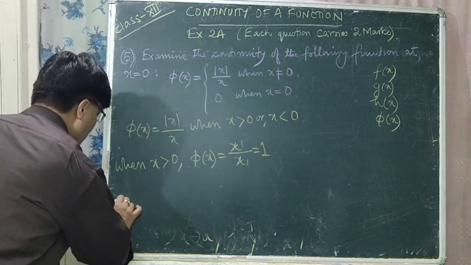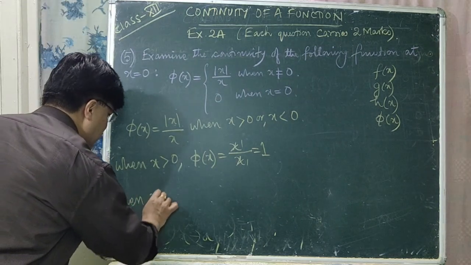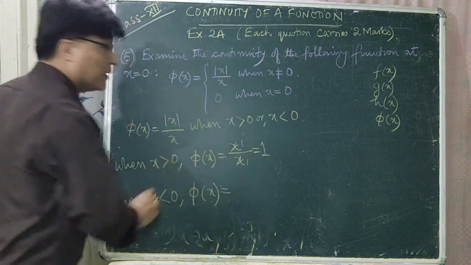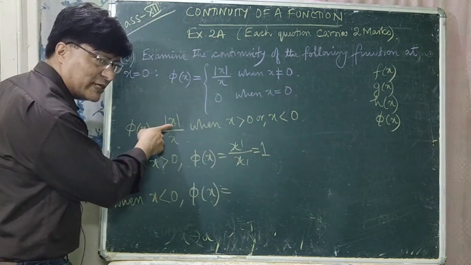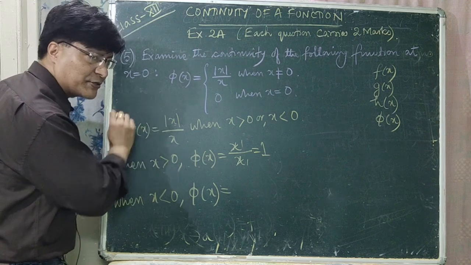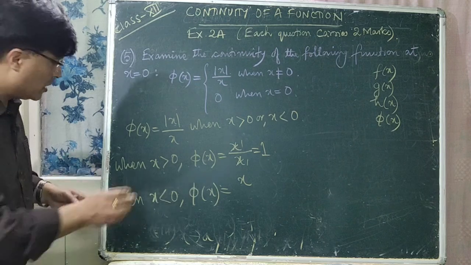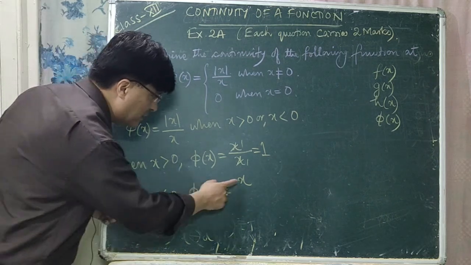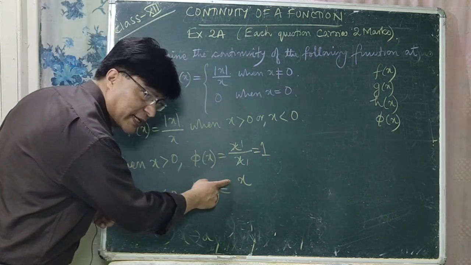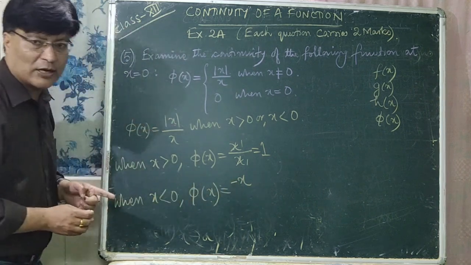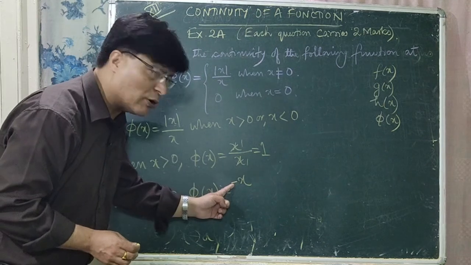Okay. Now when x is less than 0, what is the value for phi of x? Now let us consider the numerator here. It is given mod x. If you write only x, what happens? If x is negative, then if you write only x, x will be negative, isn't it? To make it positive, you have to write a minus sign out here.